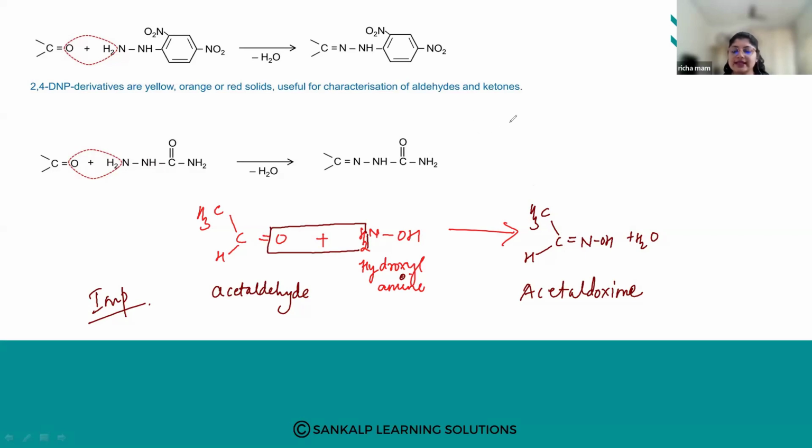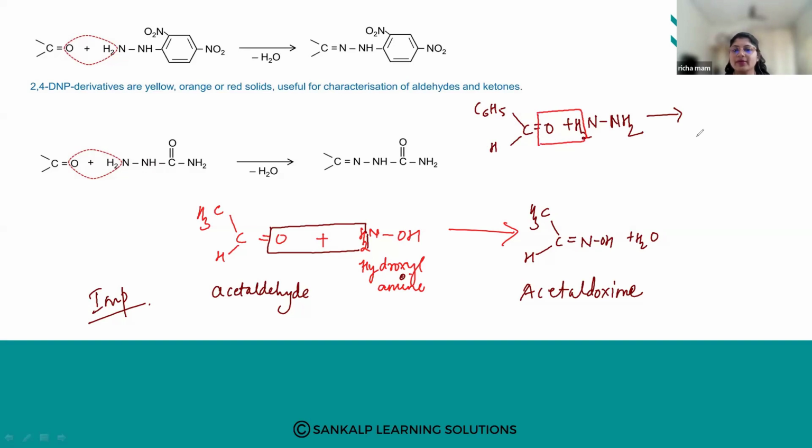So next question. How does benzaldehyde react with hydrazine? So let's take benzaldehyde. Benzaldehyde is C6H5CHO. So this is your benzaldehyde. When it reacts with NH2NH2, the hydrazine, what will be your product obtained? Yes, students, what will be the product obtained? Just remember to remove the water molecule like this.